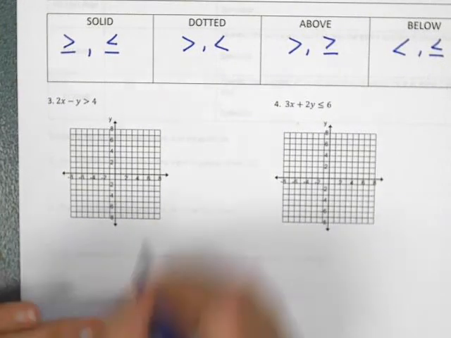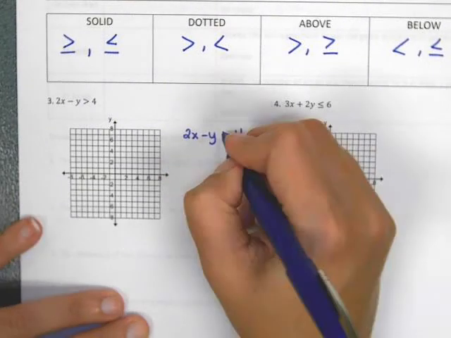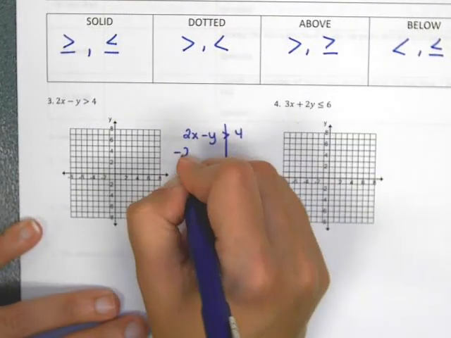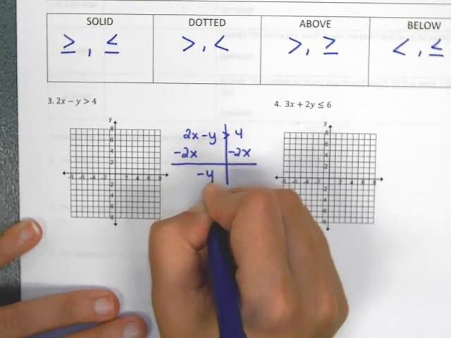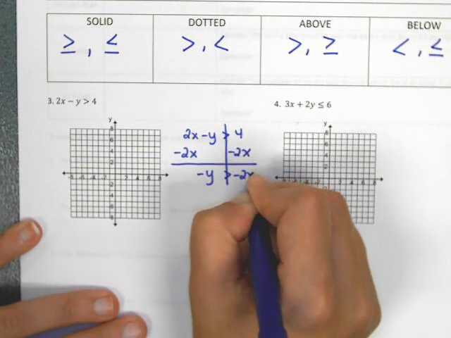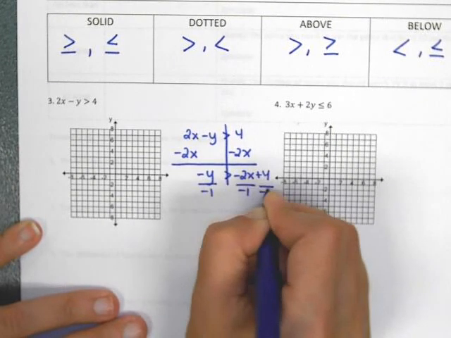So in number 3, I would definitely need to get the y by itself first. I'm going to copy the problem down so I have space to be neat and organized. I'm going to subtract the 2x on both sides, and I get negative y is greater than negative 2x plus 4. Finally, I'm going to divide everything by -1.